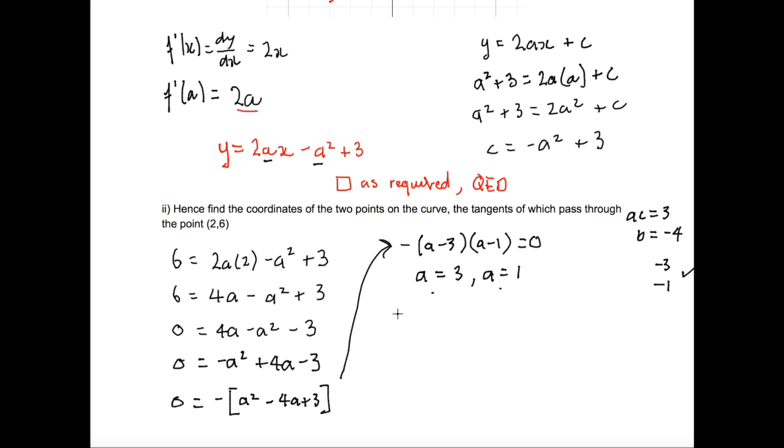So let's have a look at what happens if we do that. y equals 2 times 3 times x minus 3 squared plus 3. So that's subbing in a equals 3. That gives us an equation for the tangent of y equals 6x, minus 3 squared is minus 9 plus 3 is minus 6. So there's one answer.